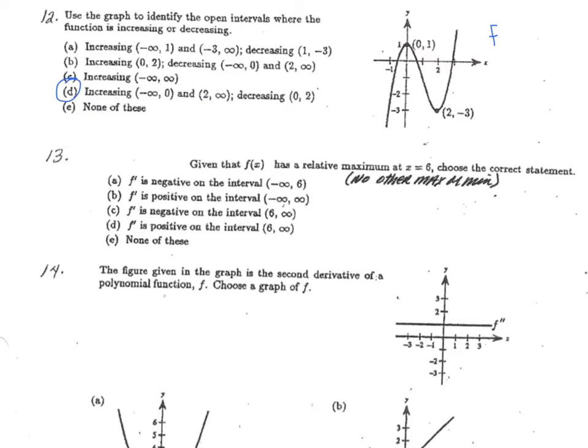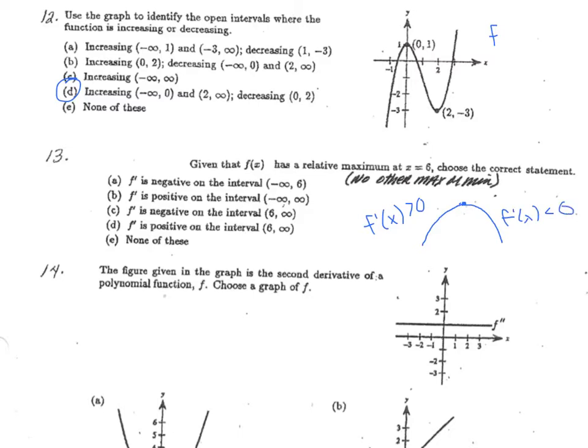For 13, we're given that we have a relative maximum at x equals 6, and we want to choose the correct statement. So if we have a maximum at x equals 6, it means that our function must be increasing until we get to 6, and then decreasing after 6. And a function increases whenever f prime of x is greater than 0, and it decreases whenever f prime of x is less than 0.